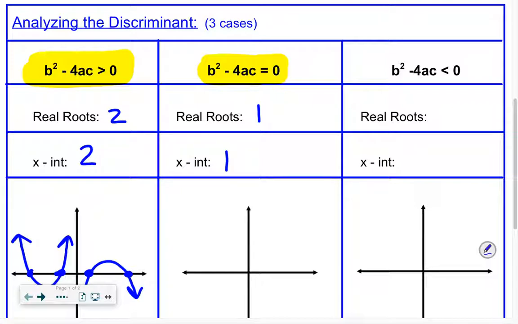You brought this up yesterday when we did our activity. What did you say? Exactly. If there's only going to be one intersection point, that must mean that the vertex, that highest or lowest point, is going to be right on the x-axis. Could be that, and it could be that.